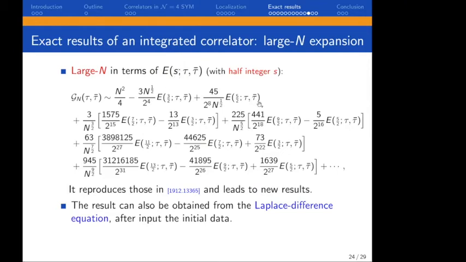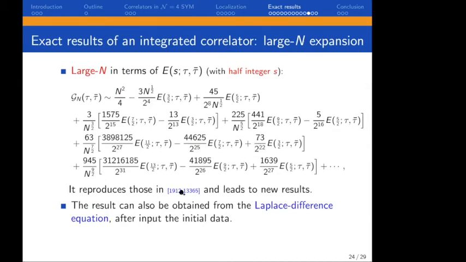Now we found that in the large N expansion, again the function can be expanded in non-holomorphic Eisenstein series, but with half-integer index, at each order of 1 over N. Part of this result was already known in our previous paper, so we basically reproduce them. And of course, now we can go to as high an order as we want.